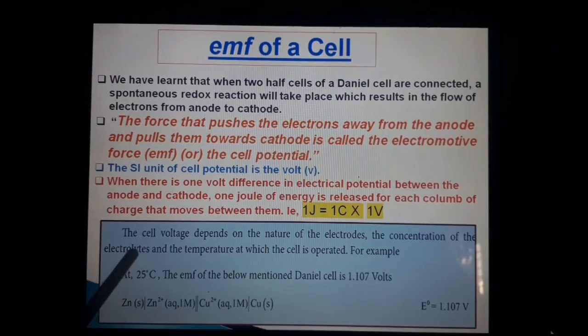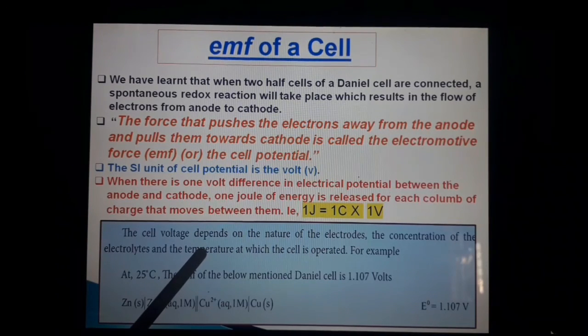So the cell voltage depends on the nature of the electrodes, the concentration of the electrolytes, and the temperature at which the cell is operated. This is the basic cell principle. Nature of electrode means whether the electrode easily releases or easily accepts electrons.